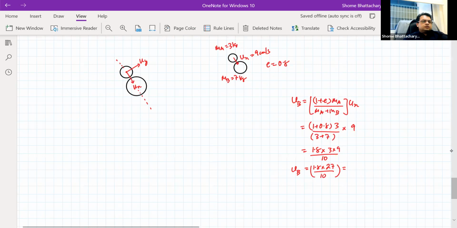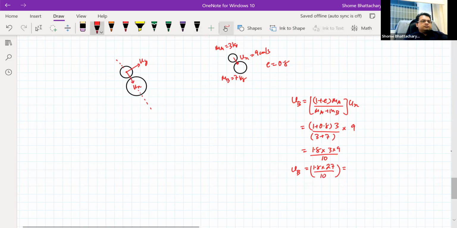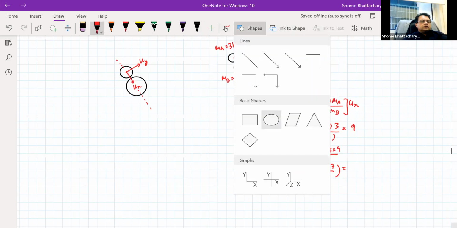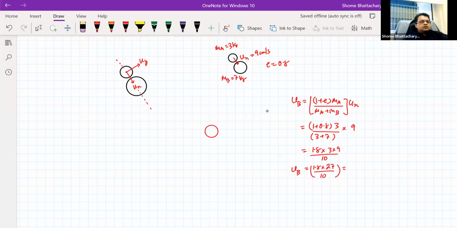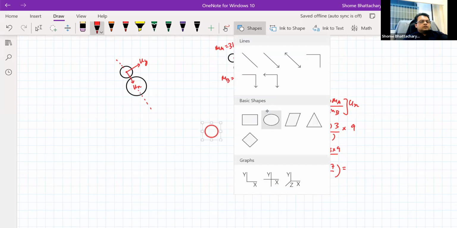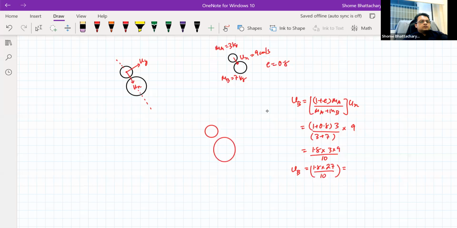Now what I'm saying is that after impact, B will have a velocity which is along this direction. That will be this. Whereas A will have a velocity component which is along this direction. So this will now, with our formula, come with a negative sign.